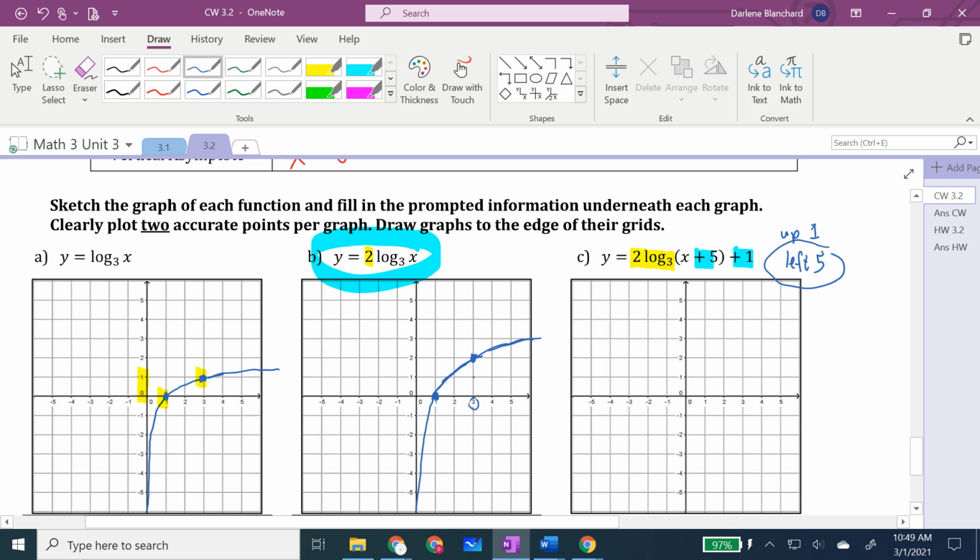Realize by moving left 5, that's going to move this vertical asymptote. It's best for you, for your own sake of getting a good drawing, to go over to -5 for the x coordinate and draw a dashed vertical line. That will help you to see not to graph anywhere to the left of it.